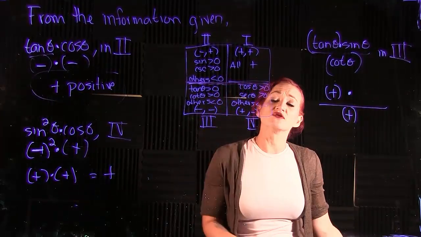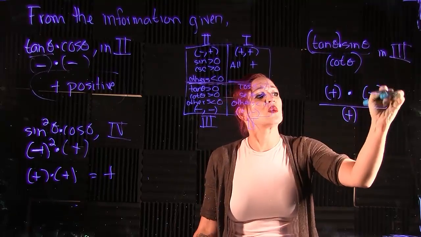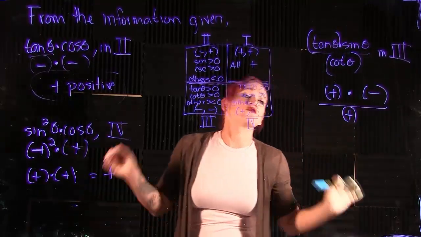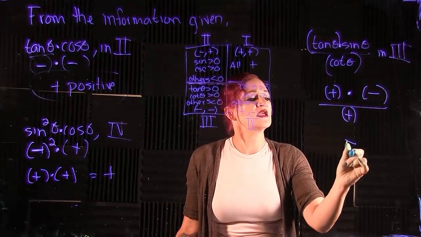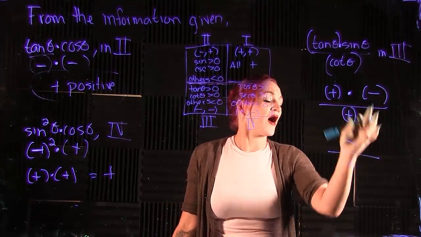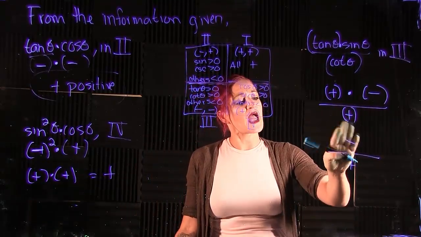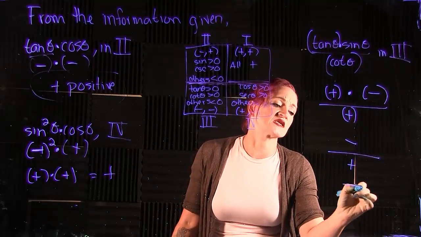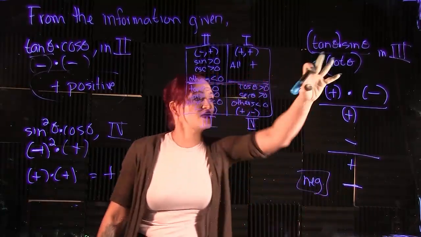Everything else is going to be negative. So that means this sine theta over here will be negative. So if we take a look at this stipulation, in the numerator, positive times negative is negative, over the positive that we had in the denominator, but different signs here, a negative divided by a positive is going to end up negative. All right, so we're going to have a negative sign for this third expression.